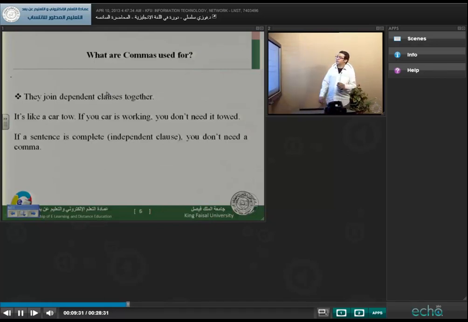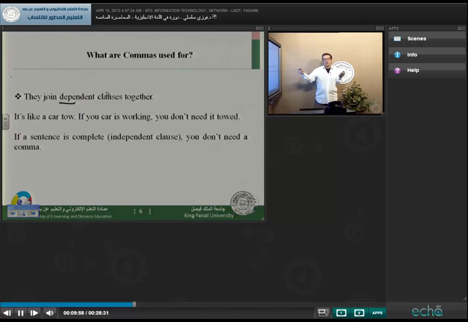So, commas join dependent clauses together. But notice, they have to be dependent. They depend on each other, like your car, when it's not working, depends on a tow truck. So you need a tow truck to pull it. If you have a dependent clause, it means it cannot start, it cannot work by itself.